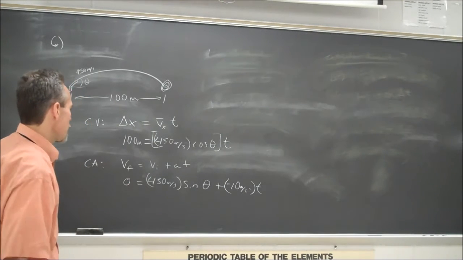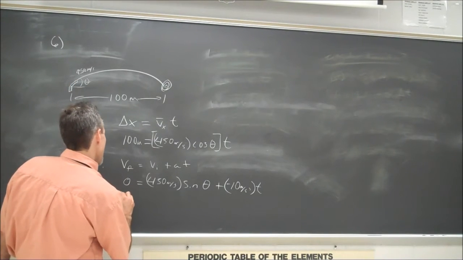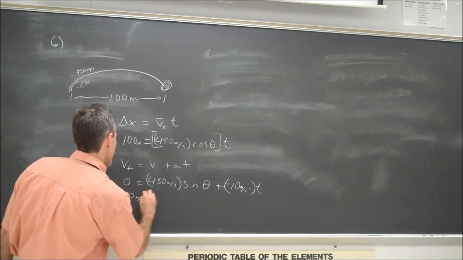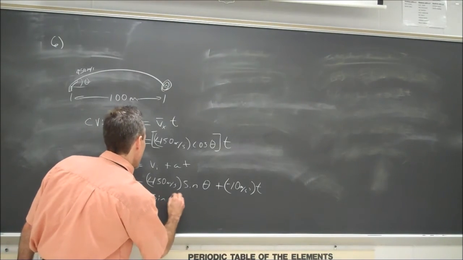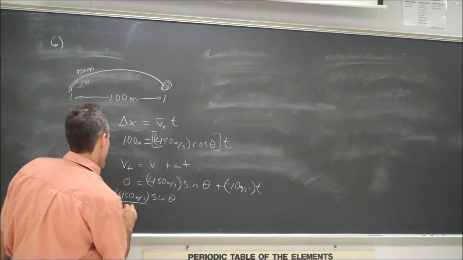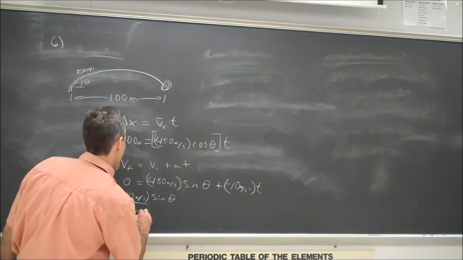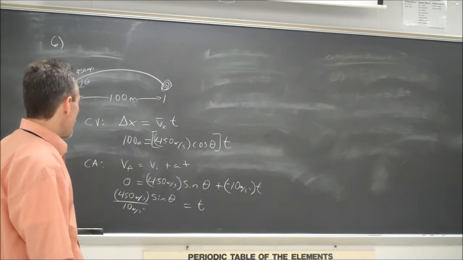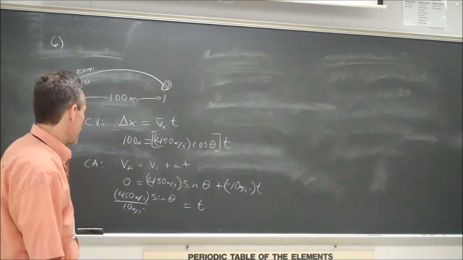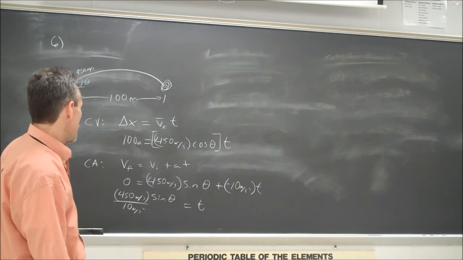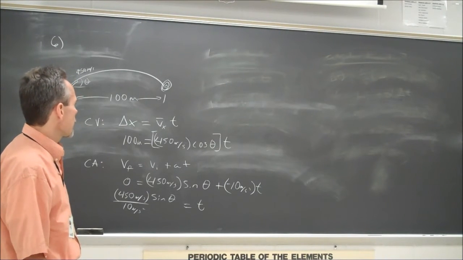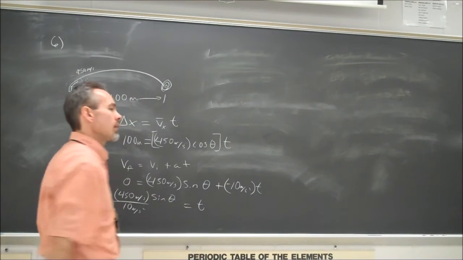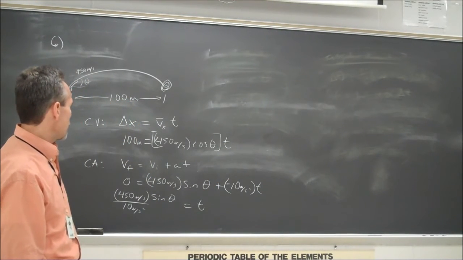I could solve this for t, and I get 450 meters per second times the sine of theta divided by 10 meters per second squared will be equal to that t, or just simply 45 seconds times sine of theta. I could plug that in right here, except I have to double that, and so instead of being 45, it'll be 90.